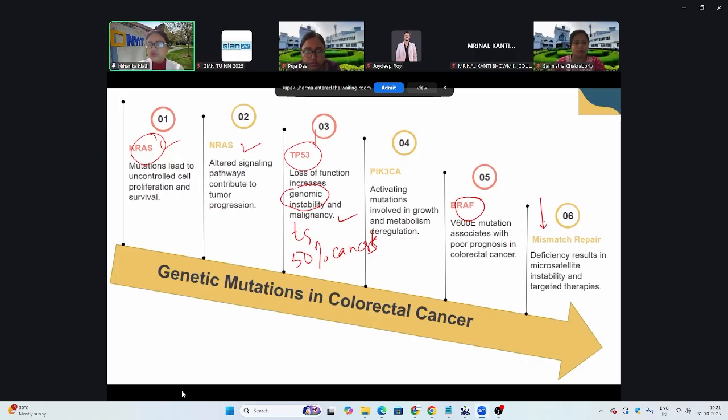And then mismatch. We never really talked about mismatch, but this leads to mismatch repair. The DNA is always making mistakes, and we're always fixing them. So if there is not enough repair, then that leads to genome instability.